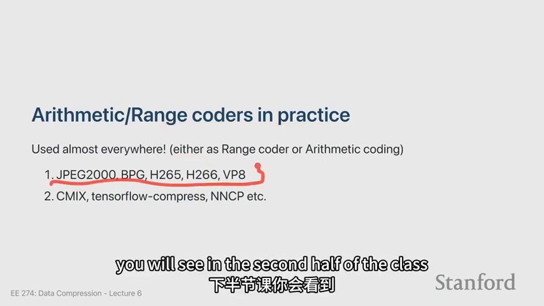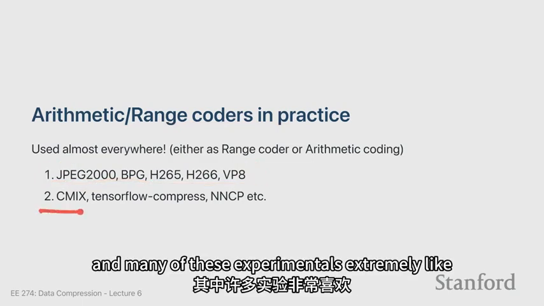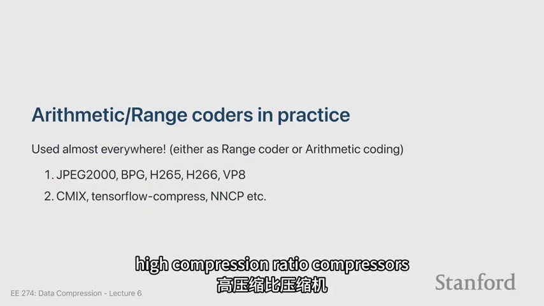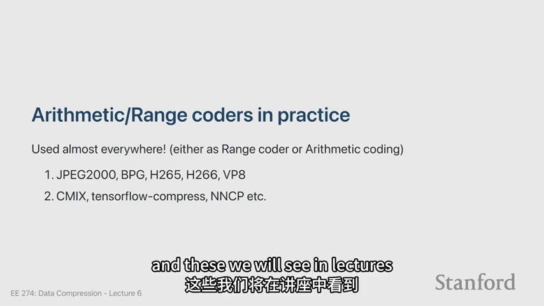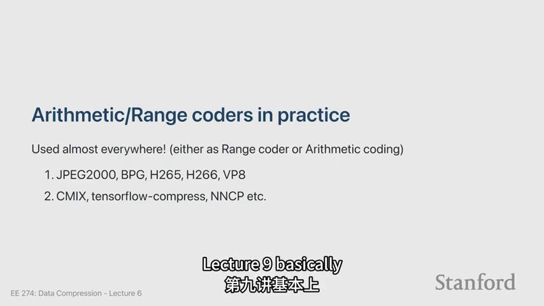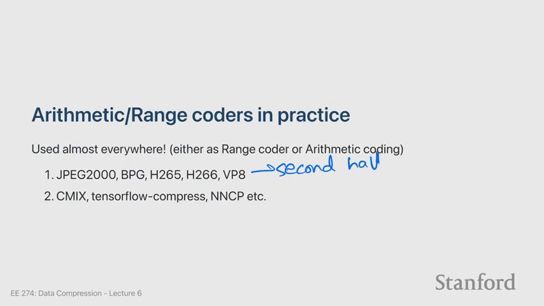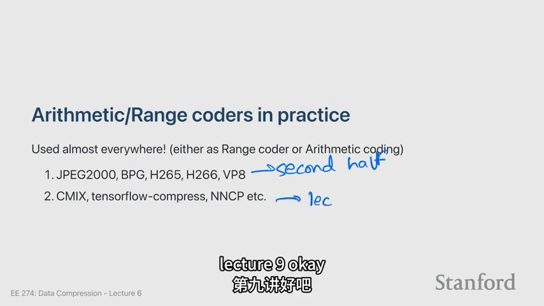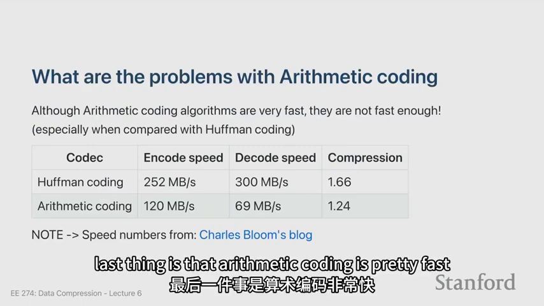Many of these you will see in the second half of the class, in the lossy compression part. Many extremely high compression ratio compressors also rely on arithmetic coding, and these we will see in lecture 9.